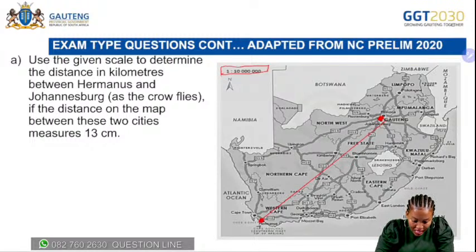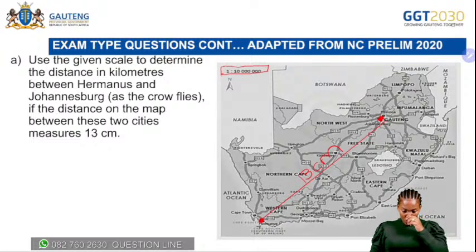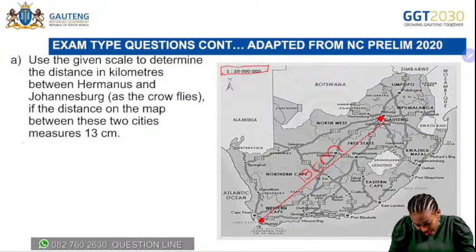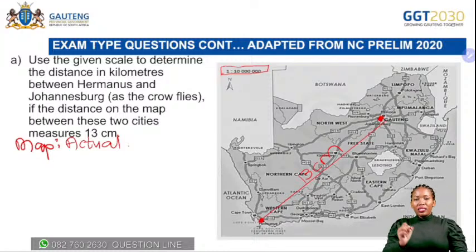If the distance on the map between these two cities measures 13 centimeters, so the distance from this place to that place is 13 centimeters. So we go back to our scale. We know our scale. It is always map is to what? Is to actual. Since it's map is to actual, what is our scale now?